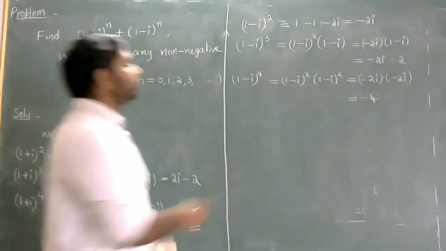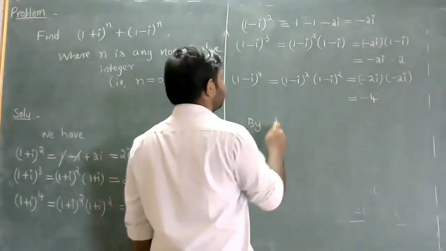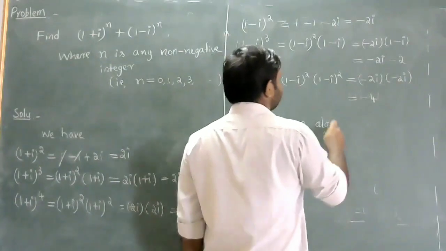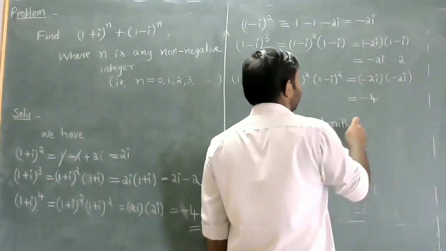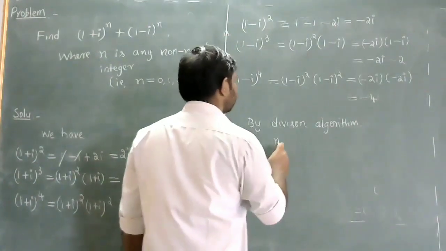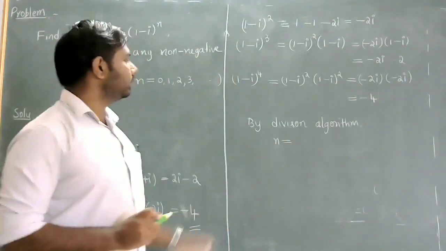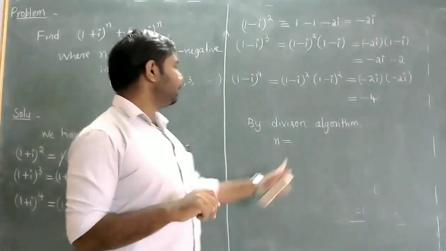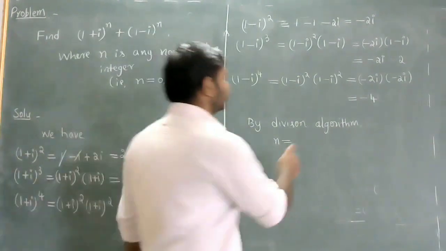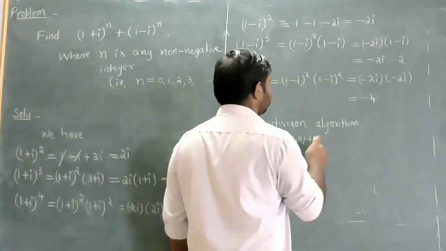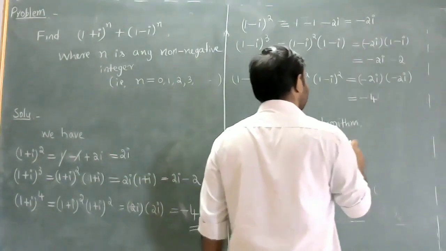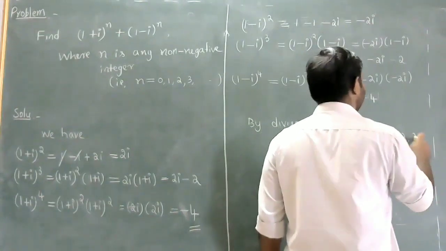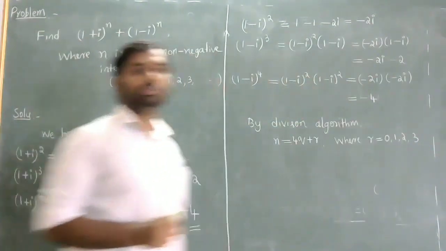So once again, by the division algorithm, divide n by 4. You will get a pair of integers q and r such that n = 4q + r, where r takes any one value among 0, 1, 2 or 3.